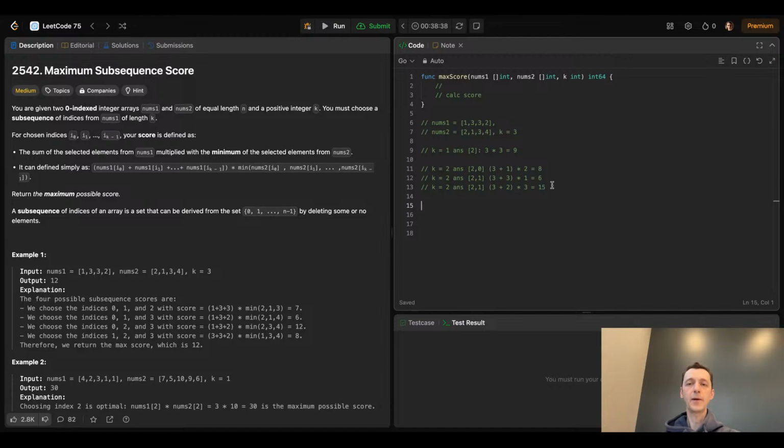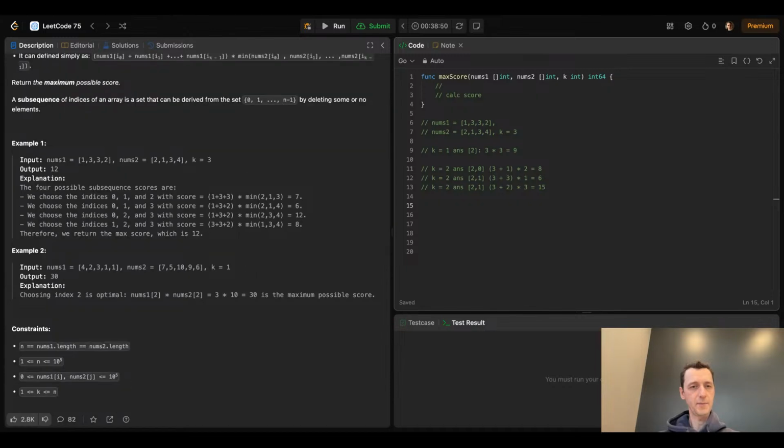But if we go back to this algorithm, we think that 2 and 1 is the answer. Yeah, we'll need to count the rest.